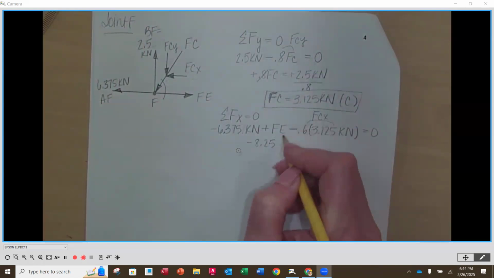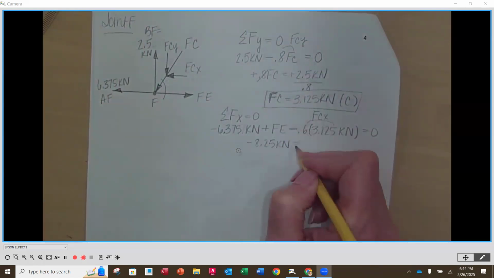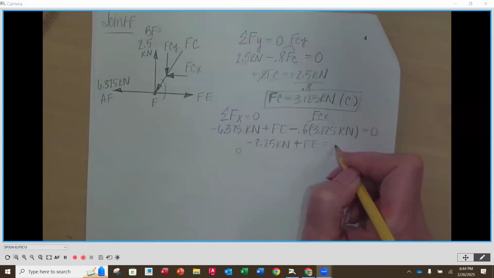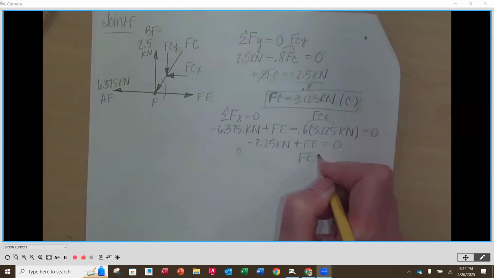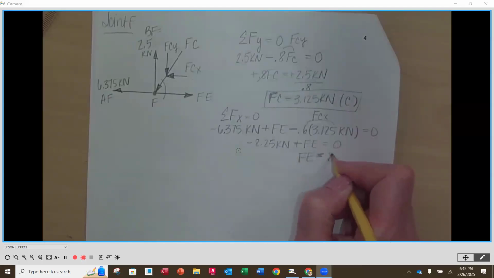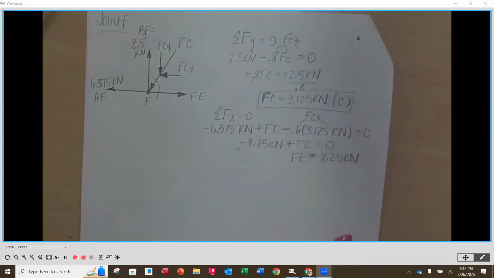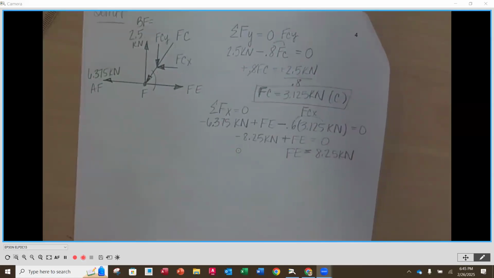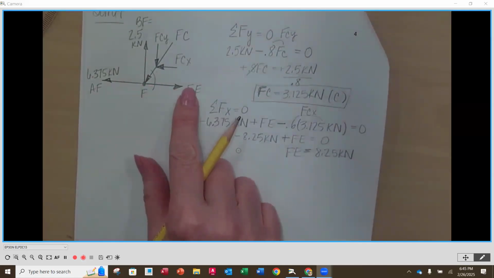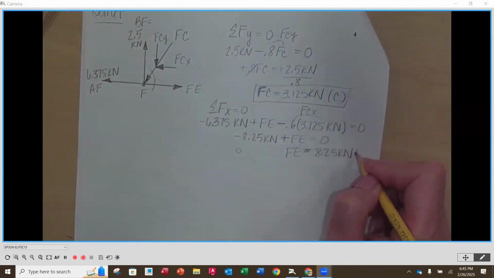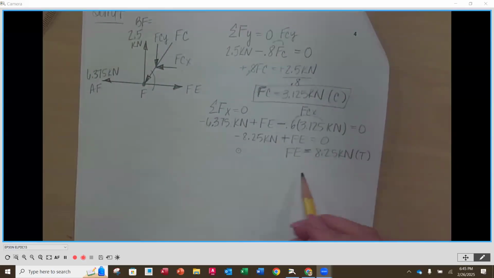You get 8.25 kilonewtons plus FE. Took me a while to get there. Okay, tension or compression? FE is pulling away. So tension or compression? Tension. Tension, yes, good. Box around, because that's one of our knowns.